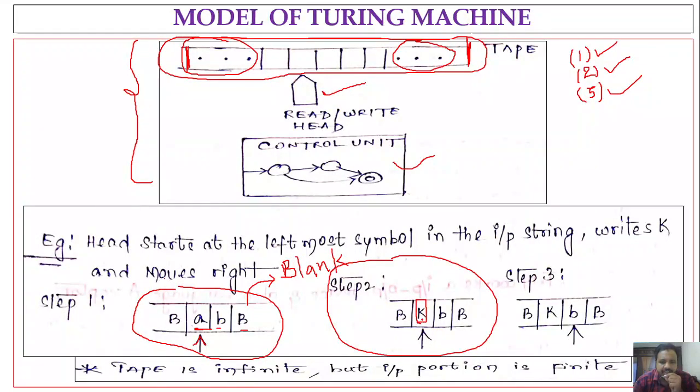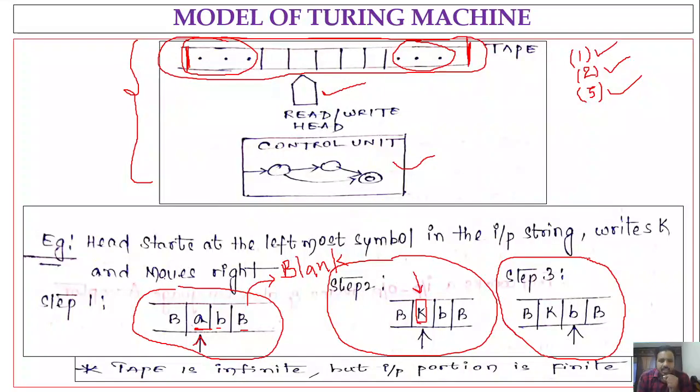That means we have written K. So in step 1 we read input a, and in step 2 we performed a write operation in the same cell by inserting the symbol K. In the third step, the tape head has moved towards the right. We specify these three operations together whenever we discuss the processing of an input symbol from a particular state.